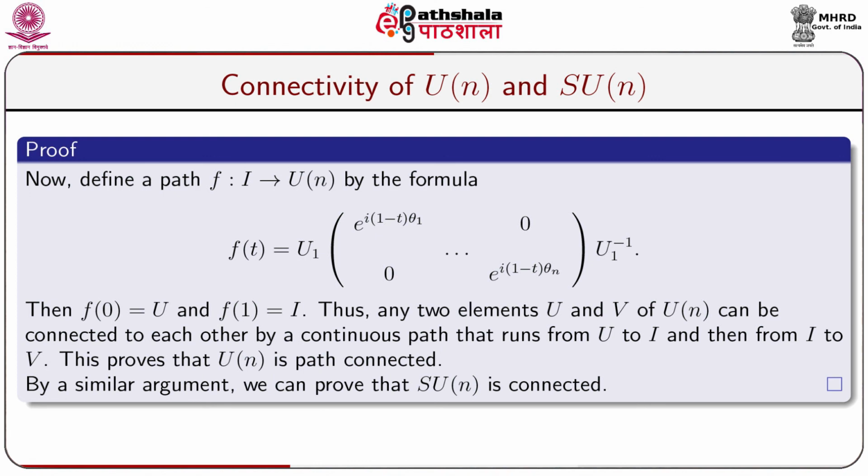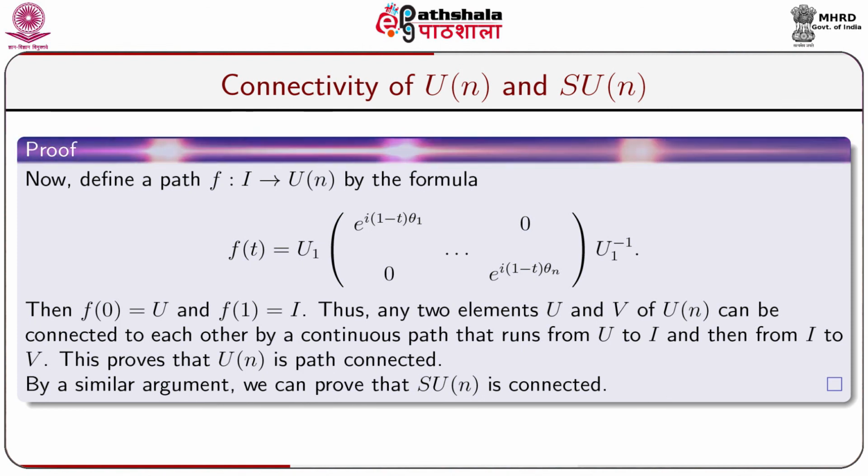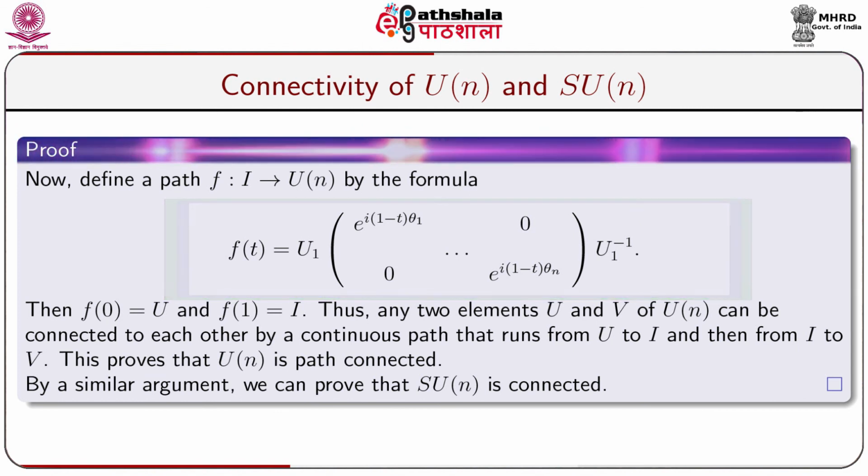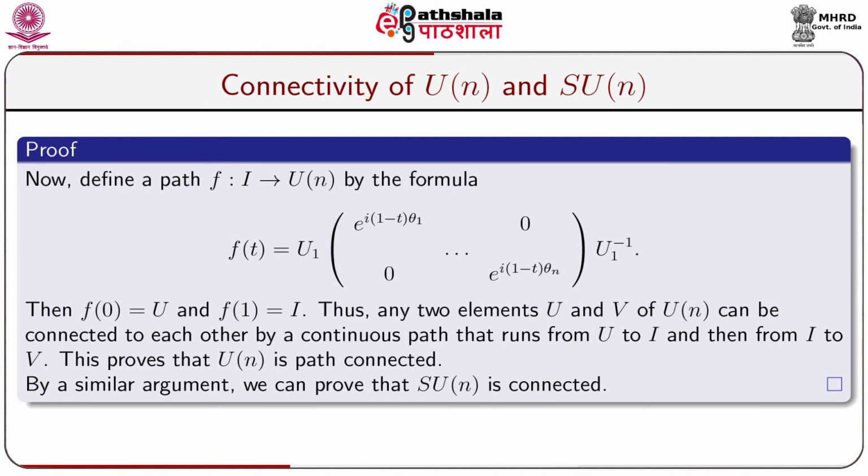Now, if we define U(t) equal to U1 times the diagonal matrix with entries e to the power i(1 minus t)theta, times U1 inverse, then U(t) is a path that starts at U(0) and ends at U(1), where U(0) equals U1 times e to the power i theta times U1 inverse, and U(1) is equal to the identity matrix.